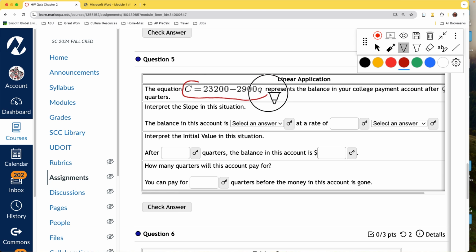A lot of times they'll use other letters, but this is really y equals, in this case, b minus mx. So here's my slope, here's my initial value. This is actually the way in business that they will usually write this equation, y equals b plus or minus mx, because it's got where you start and then how you're changing.